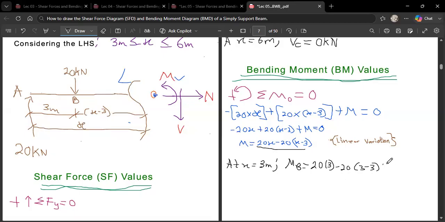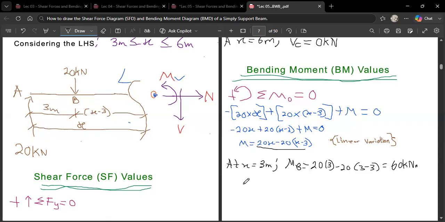So finally, our final answer for this is going to be 20 times 3, which is 60. So we are going to get 60 kilonewton meters. But it is positive. So moment at B is equal to 60 kilonewton meters. That is the unit. You remember to add a unit so that you don't get penalized.